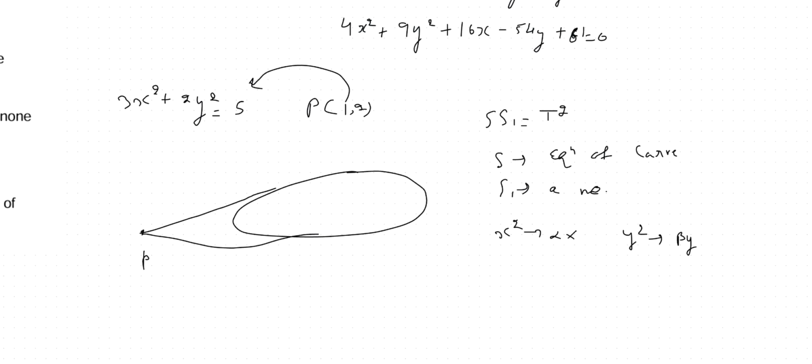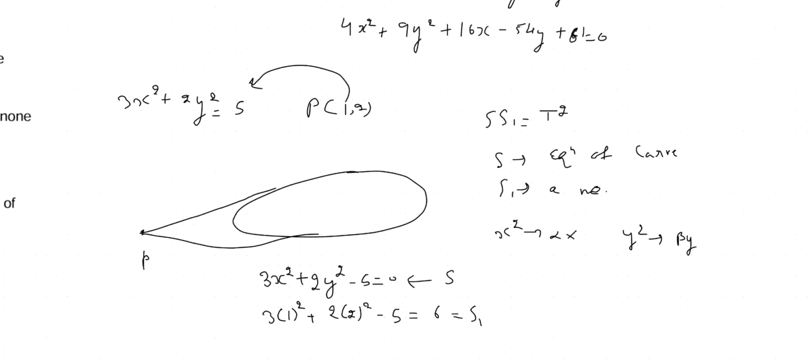So let's start. S is 3x square plus 2y square minus 5 is equal to 0. This is your S. Now for S1, just substitute the point here: 3 into 1 square plus 2 into 2 square minus 5. That will be 6. So S1 is 6.